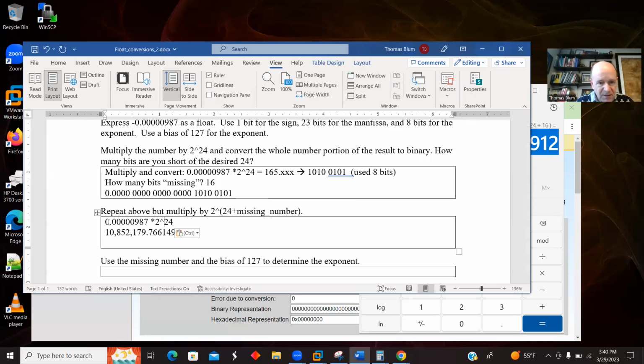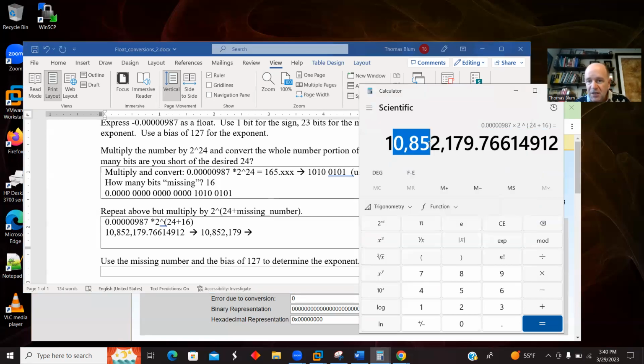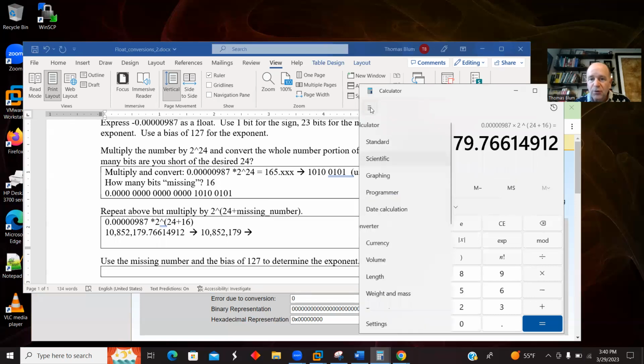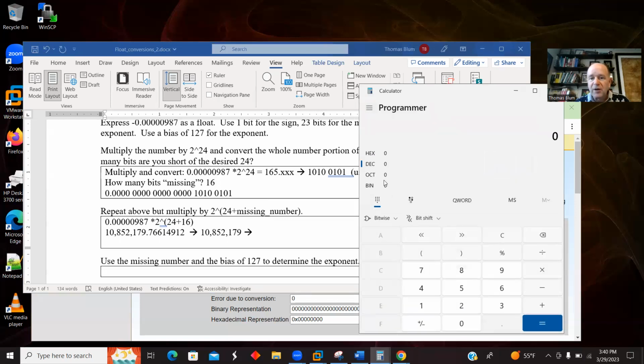Showing my steps, 24 plus the missing 16 gave me this. I'm just going to truncate it. And then I'm going to convert it. Okay, so let me just copy what I want, go over to programmer, paste that in, and then here's my binary.